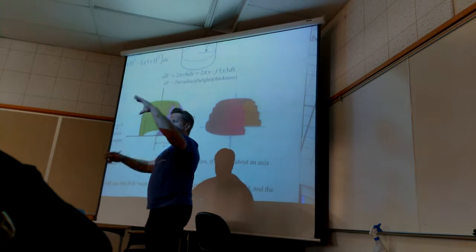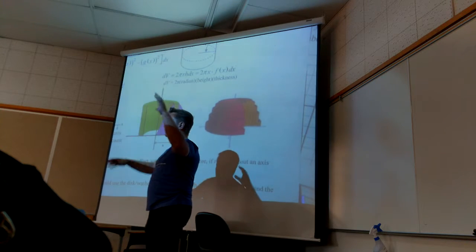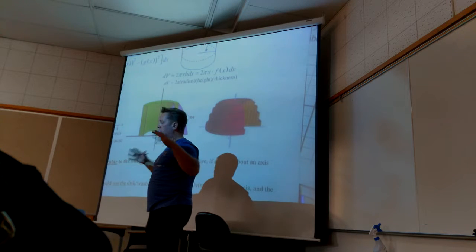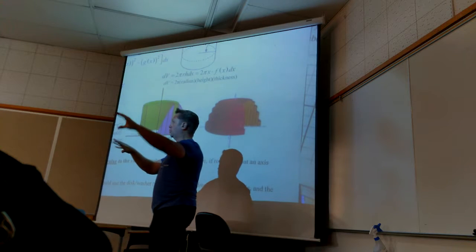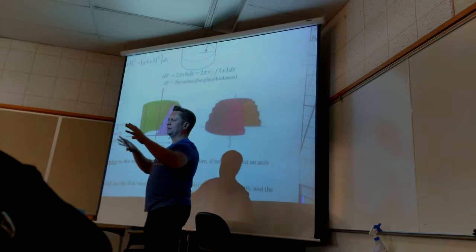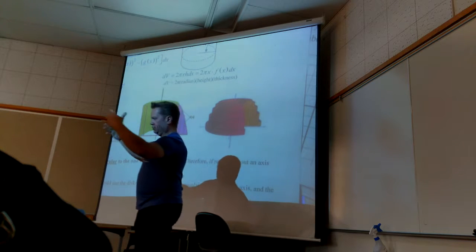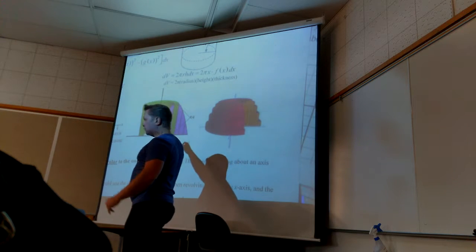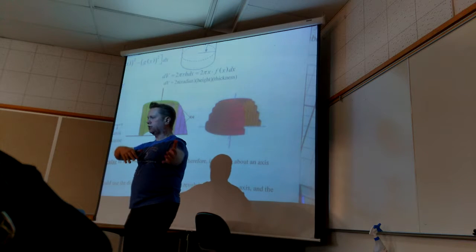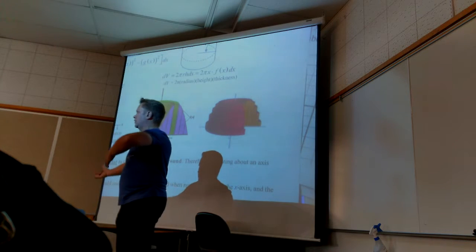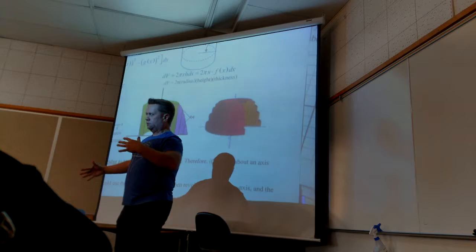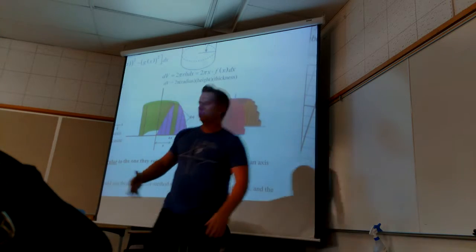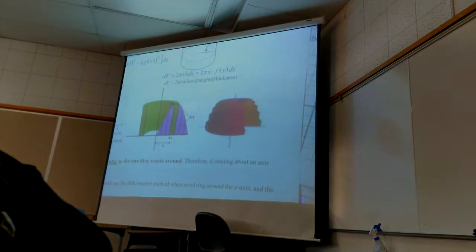There will be some problems that you can do with either method, and then one of them might be easier than the other, but there's a lot of problems where only one method will work. It'll make more sense once we get into how this works, and then I'll show you which ones you can't do with the washer method and which you can't do with the shell method. So that's in our future. Otherwise, I think that's plenty that I crammed into your brain.